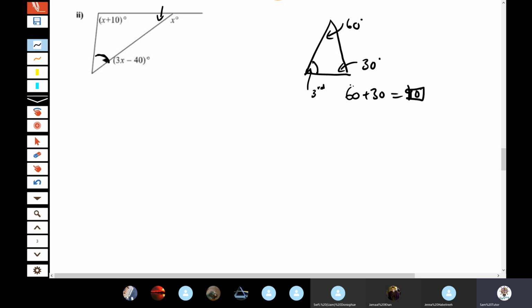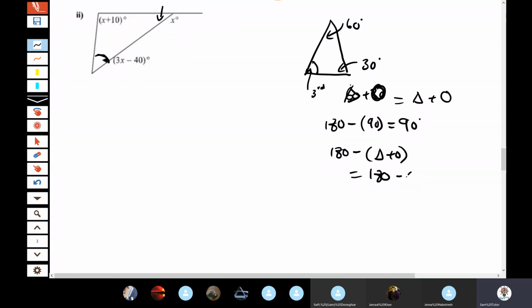You could have had a triangle plus a circle. And then you would have said, to find the third angle, you do 180 take away 90, which in this case gives you 90. But if it was a triangle plus a circle, you would say it's 180 take away a triangle plus a circle, which gives us 180 take away triangle take away circle. And that's it. That would be the answer.